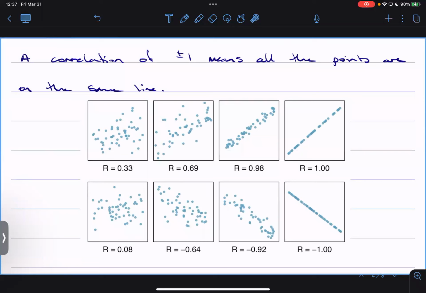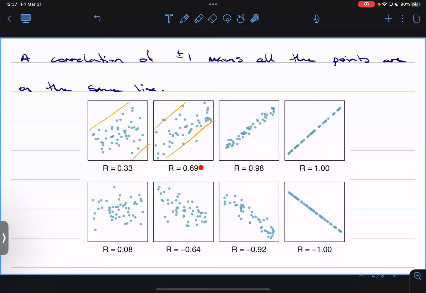And a correlation of 0.33 would look like this. There, I would say there is something going on here, right? But it's quite a broad band. Here it gets a little bit tighter, and so on. And so here we have these positive relationships.